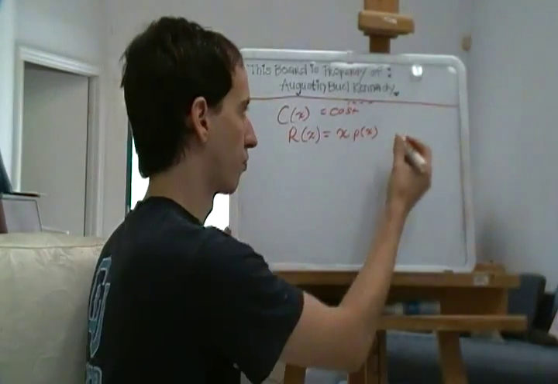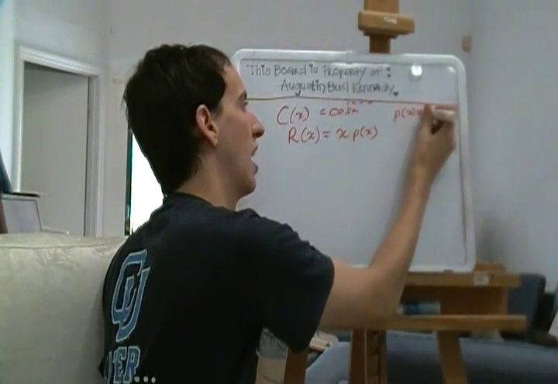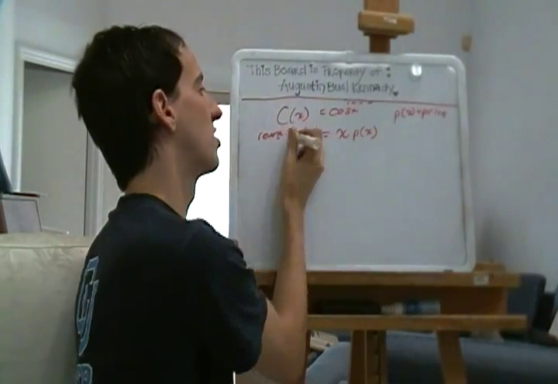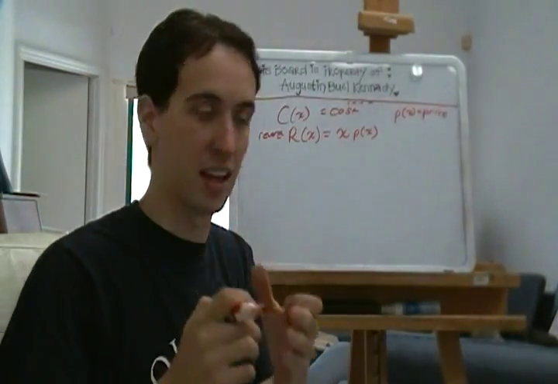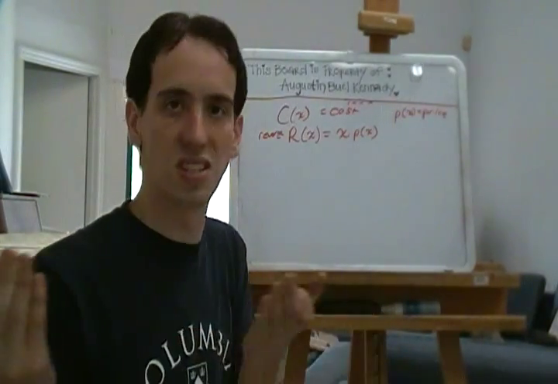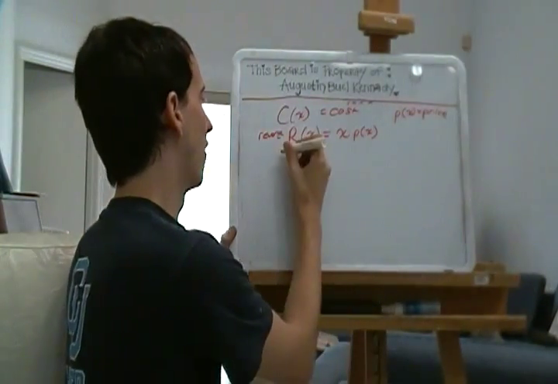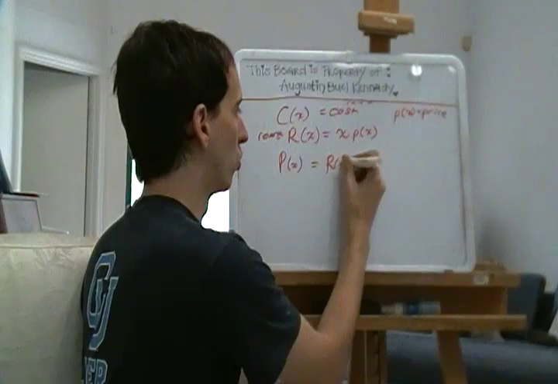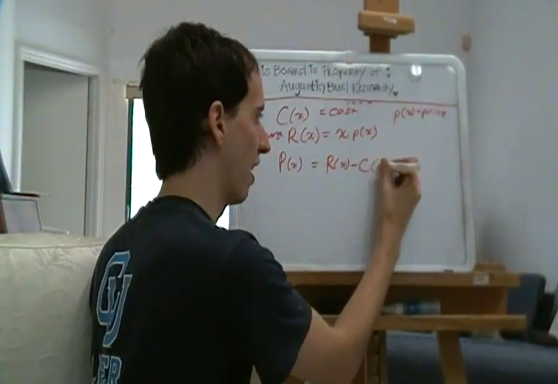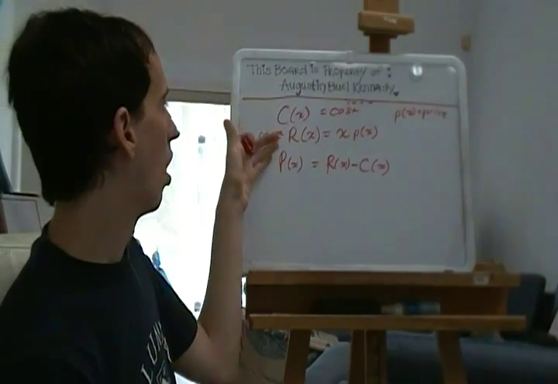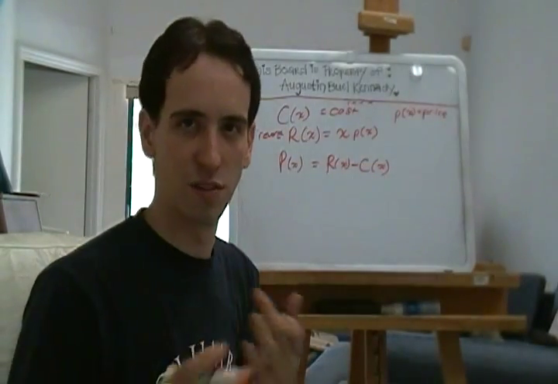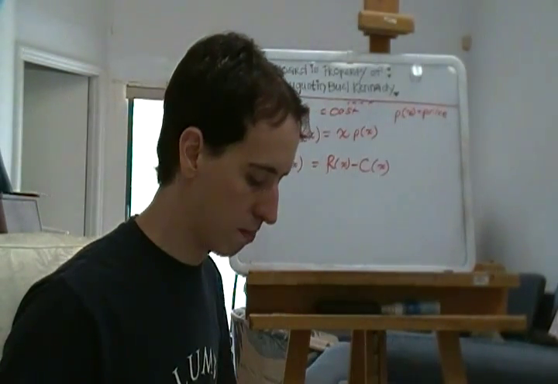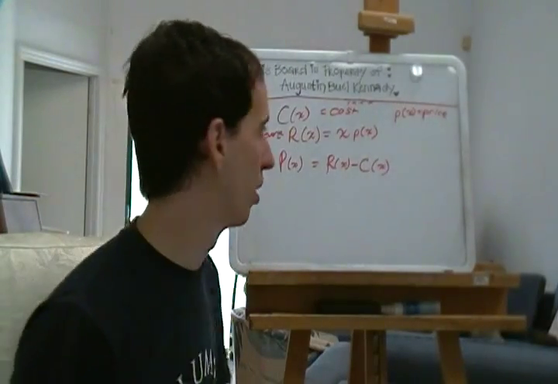So little p of x equals price. R of x equals revenue. And this makes sense. Revenue equals the amount of things times the price it costs to sell them. Finally, the last function is big P of x, profit, equals R of x, revenue, minus C of x, cost. Profit equals revenue minus cost. Very intuitive. You already knew this. You probably knew this in 2nd grade. Some of you didn't know how to say it, but I bet you knew it.